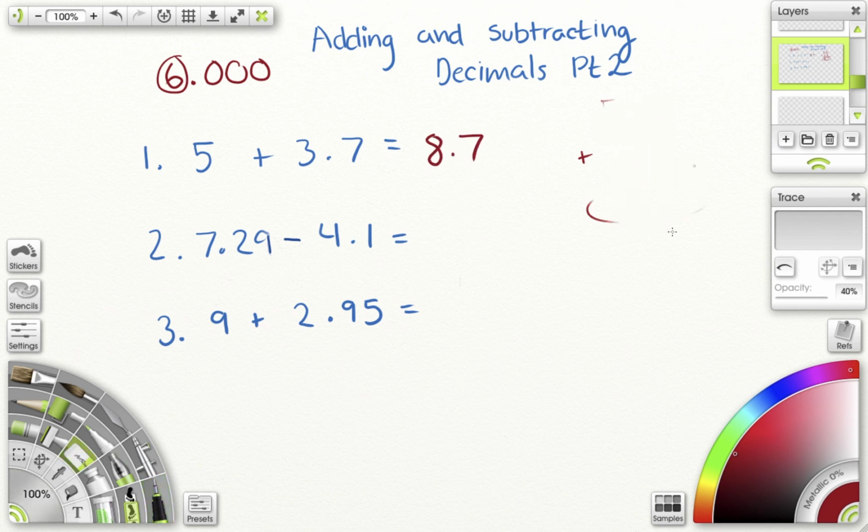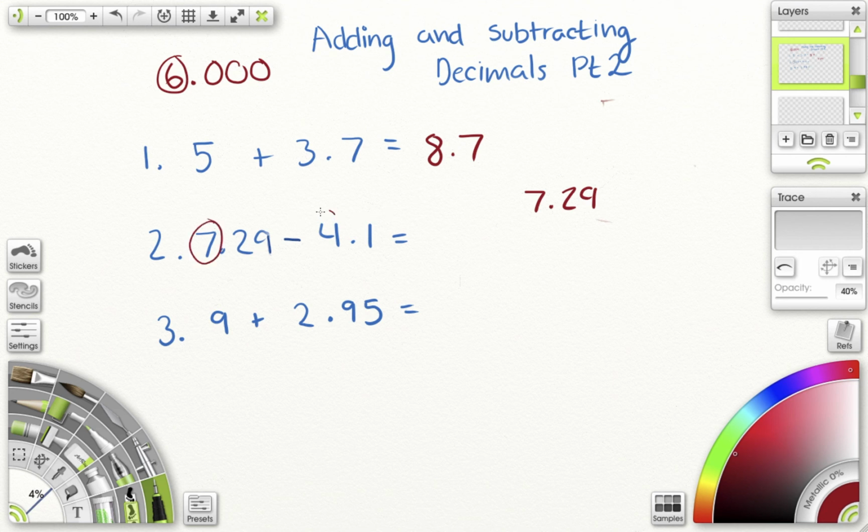All right, now what if we have a number that has two decimal places versus one decimal place? Well, that rule I told you about putting 0.0 after a whole number, you can kind of do the same thing here. And I'll show you what I mean. So I'm going to put up 7.29 here for now. What I'm going to do is see my numbers that are before the decimal spot.